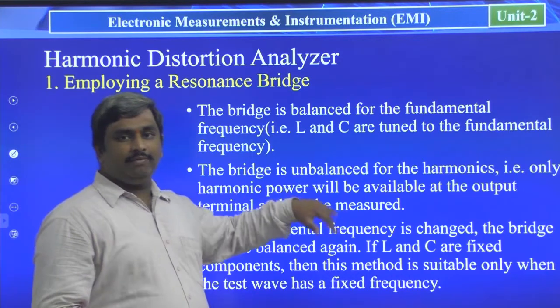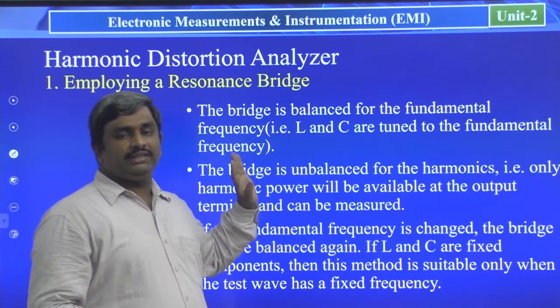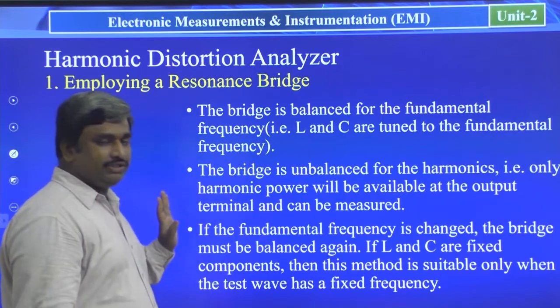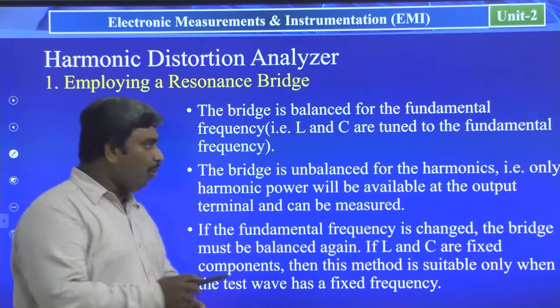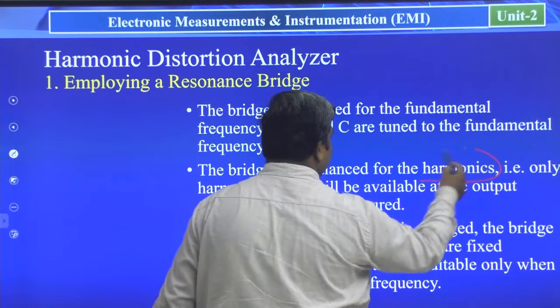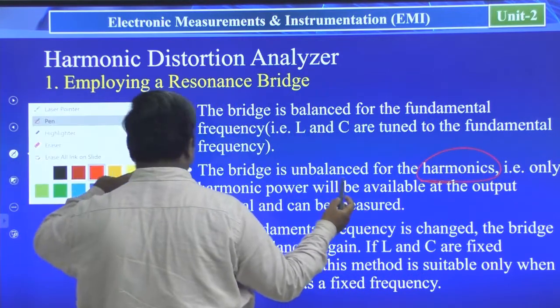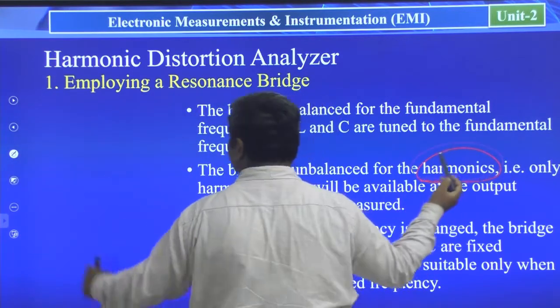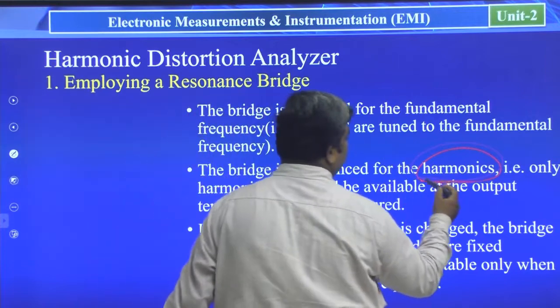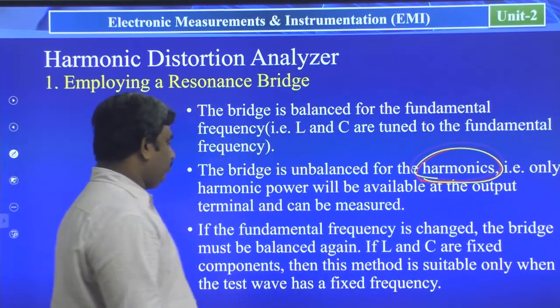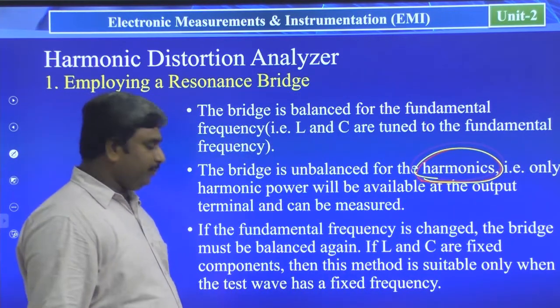For the remaining combinations, the bridge is balanced. With this, we can measure only harmonics at the output terminals.